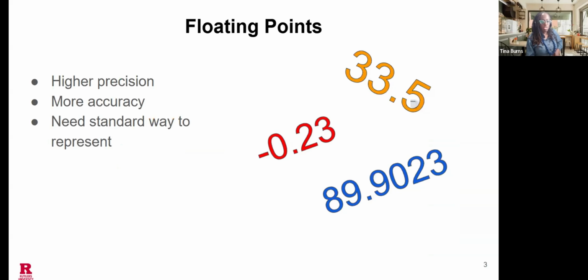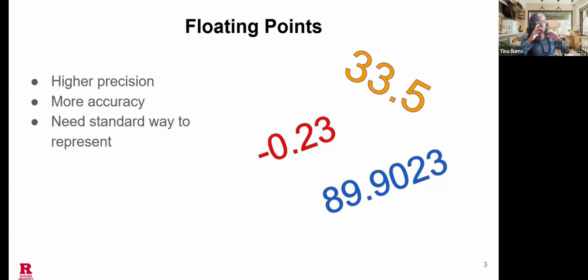So floating points, we use them, of course, because they have more precision than our standard integer values, right? And they also are more accurate, right? Saying something is 2.5 will give you a little bit more detail than saying it's 2 or it's 3. And because these are decimal numbers, previously there wasn't a standard way to represent them in binary. Now, keep in mind, binary is going to be in the forms of zeros and ones, right?